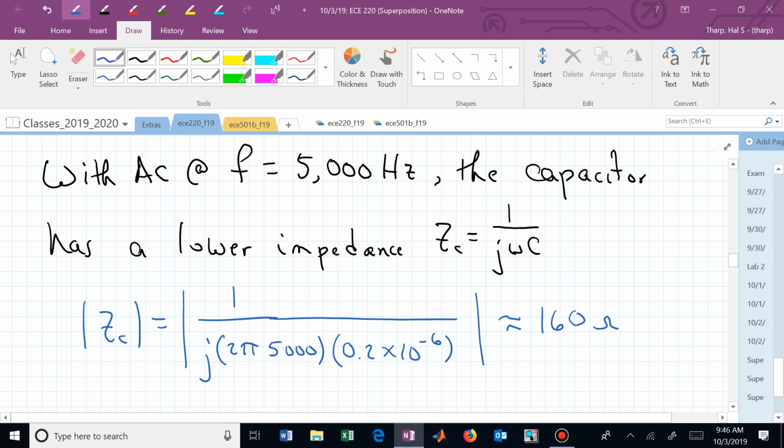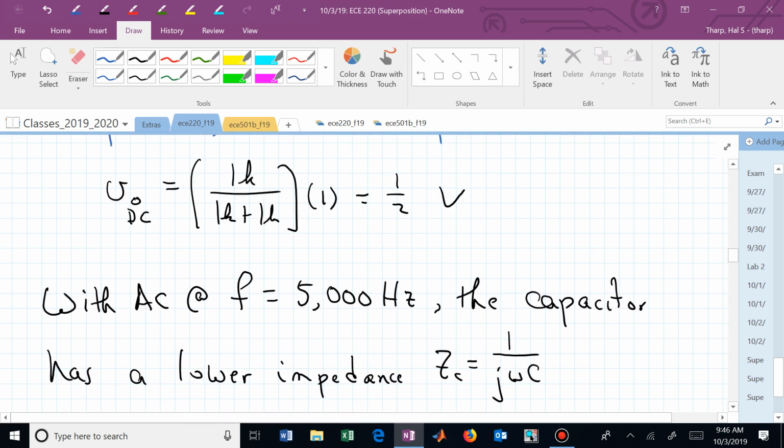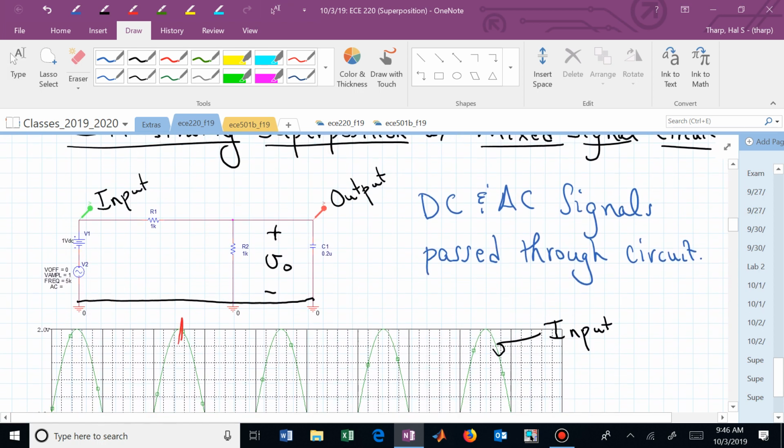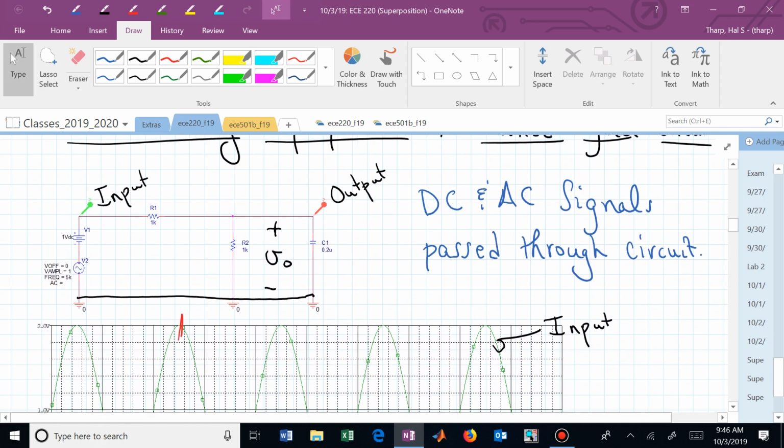So as you're shaking at 5,000 hertz in this circuit, you now have an impedance of 1K in parallel with an impedance of 160, or 1,000 in parallel with 160. What's their equivalent impedance at 5,000 hertz?